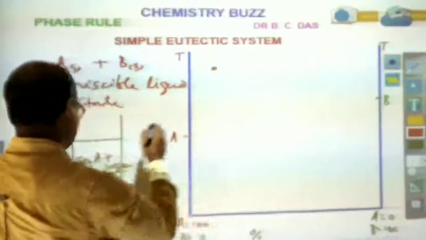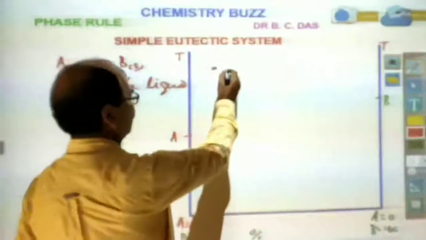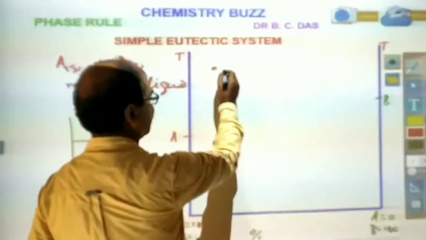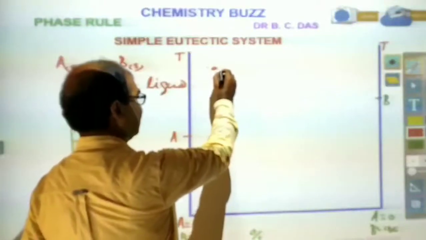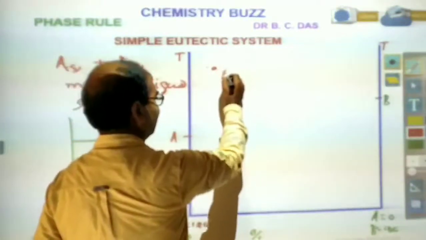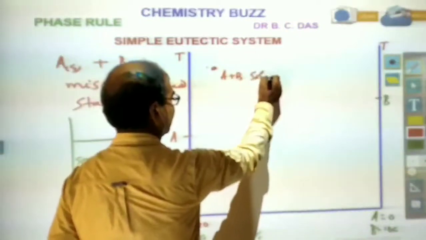At this temperature, both A and B are miscible, forming one homogeneous liquid phase, and this liquid is the A plus B solution phase.